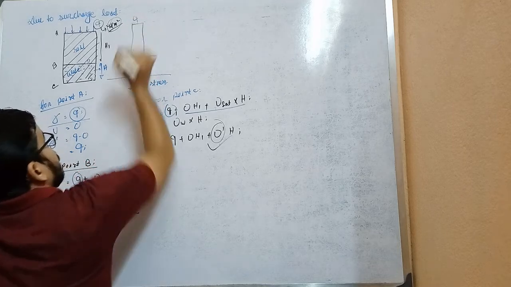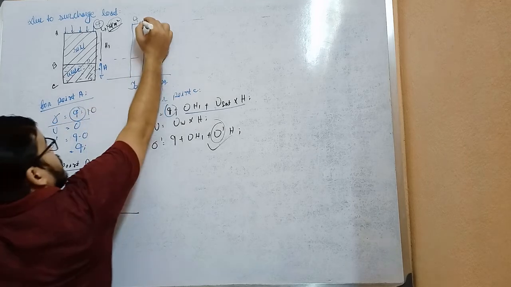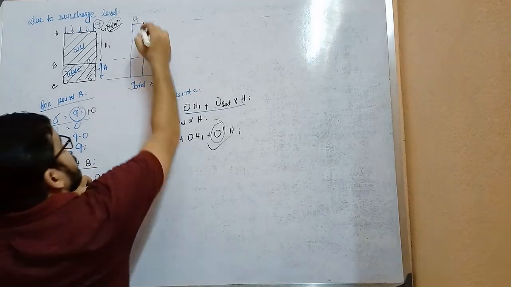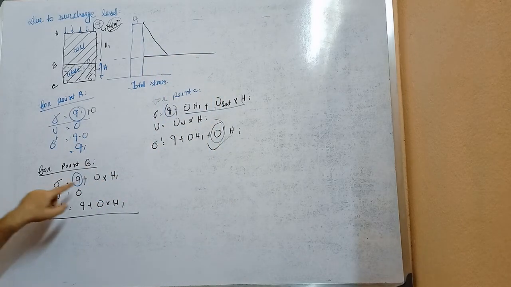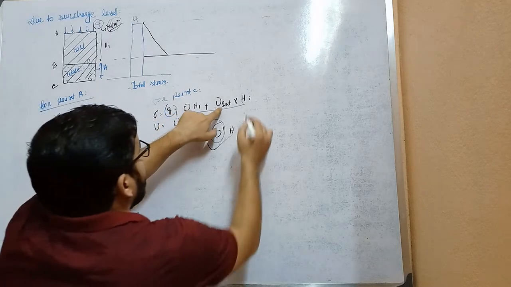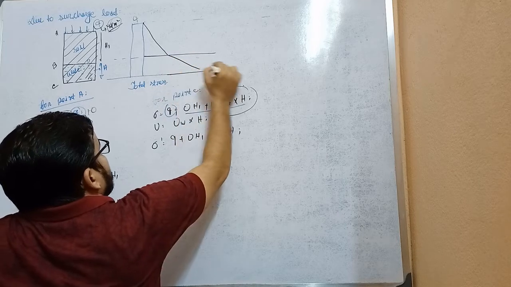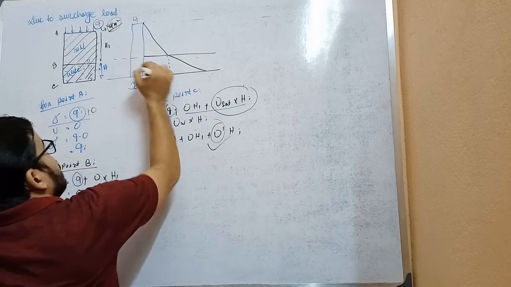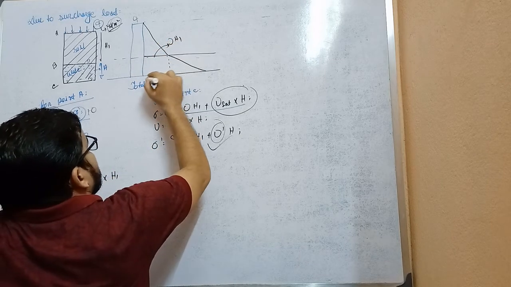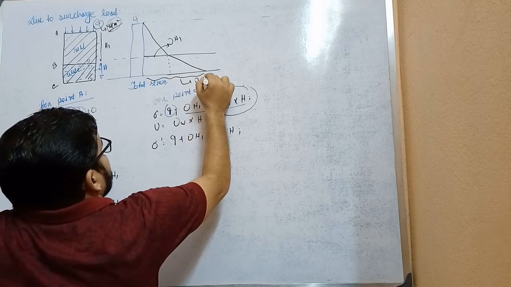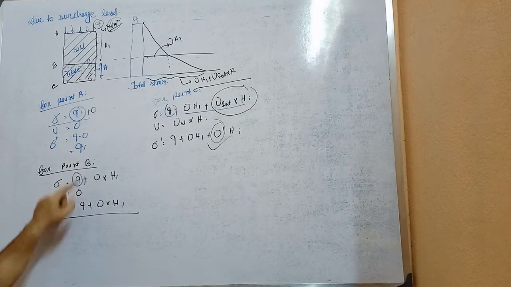But here Q plus 0, that means here it is 0, and Q plus gamma H1, again a triangular manner will come like this, and then gamma into H1 plus gamma sat into H, and then again it will increase in a triangular manner. This is Q, and this whole is gamma into H1 plus gamma sat into H.